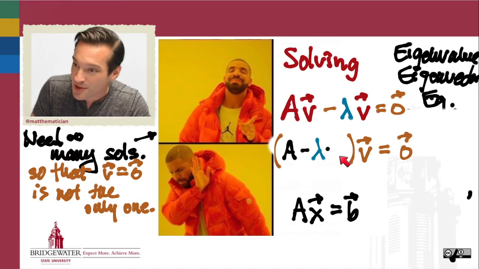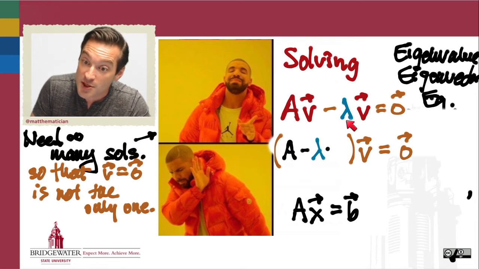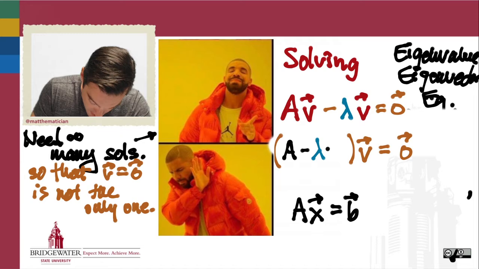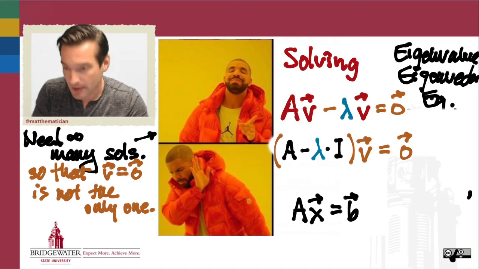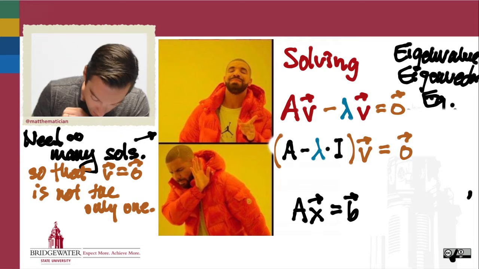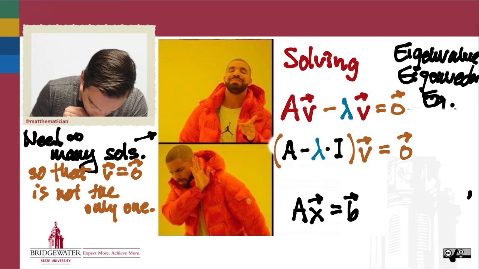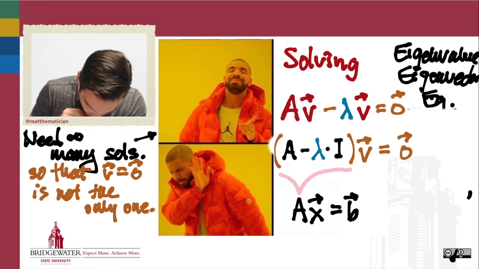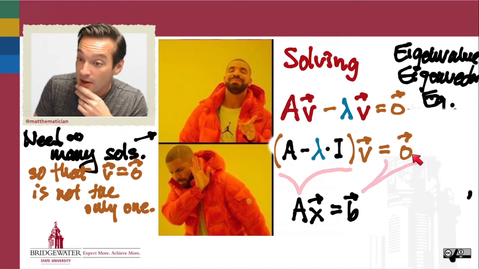But then I need a matrix here because I can't subtract a number from a matrix. And so I just need a matrix for which it is true that that matrix times lambda times v is the same as lambda times v. Well, the only matrix which I know which does that is the identity matrix. So now we've put this into a form that looks like one of the kinds of linear systems that we know how to solve, right? Our right-hand side is the zero vector.